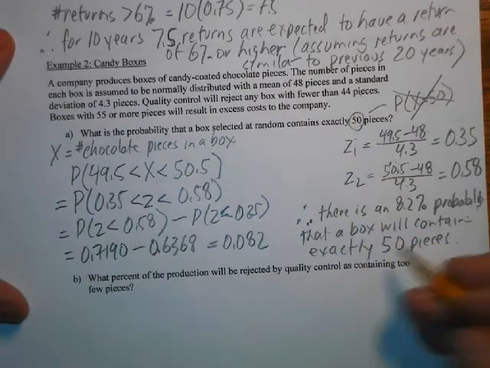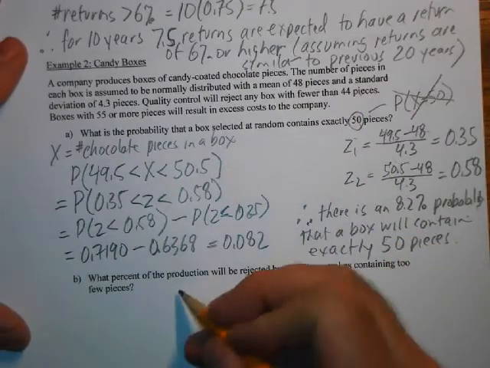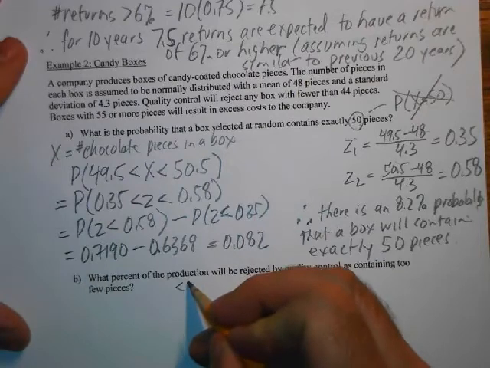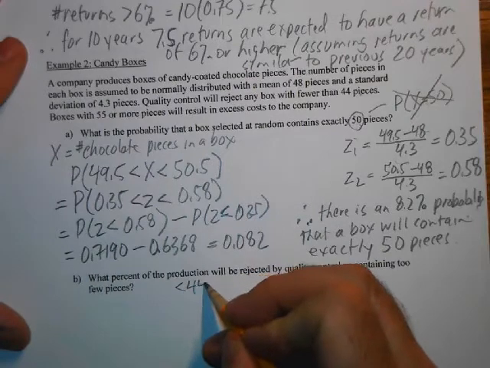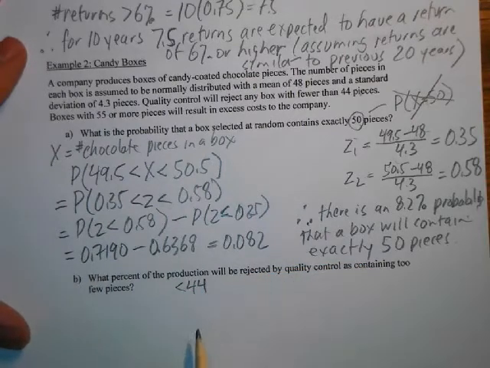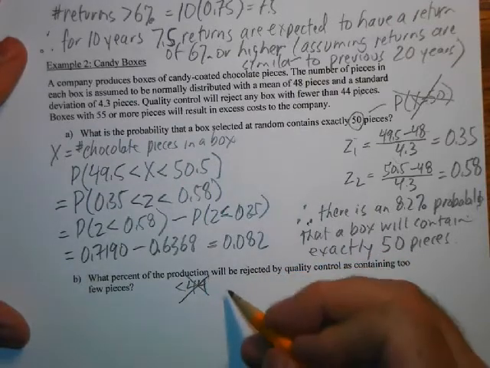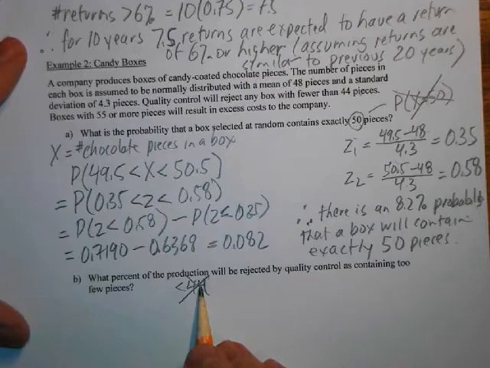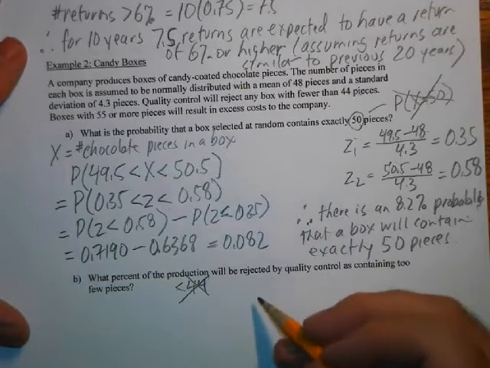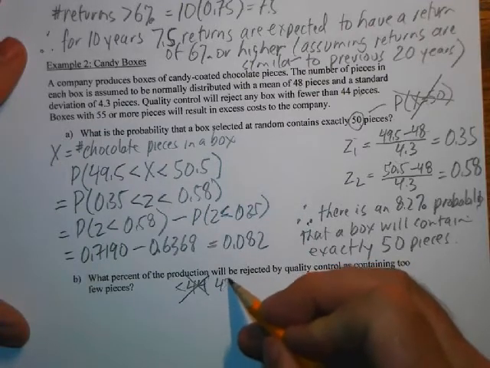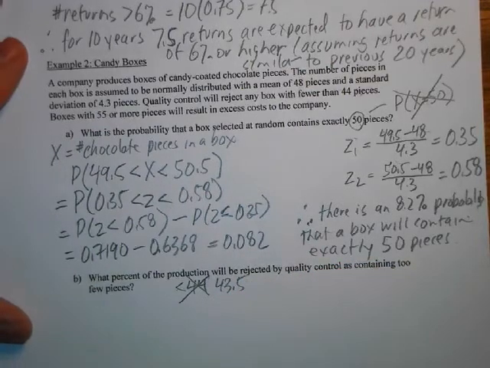So what we're really looking for is less than 44, but we have to do a little correction here. So instead of 44, we're actually looking at, so 44 is fine, 44.5 would be fine, even though it can't happen. Anything down to 43.5 would be considered good. So what we're looking for is less than 43.5 for your x value.